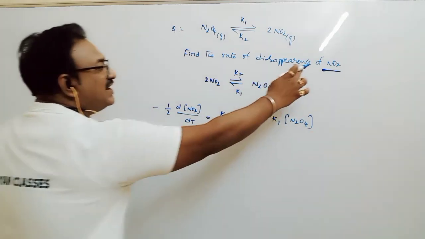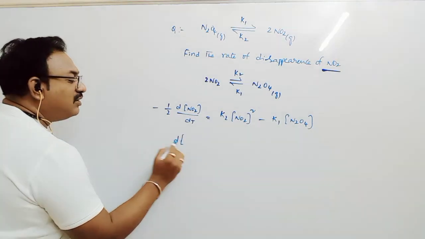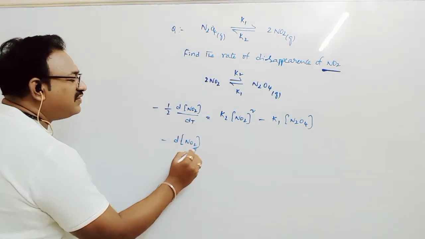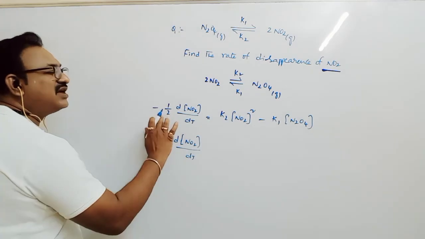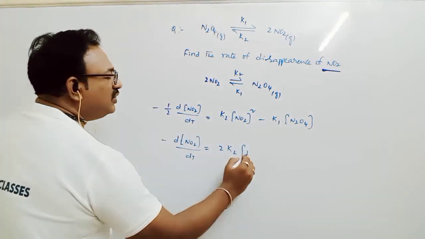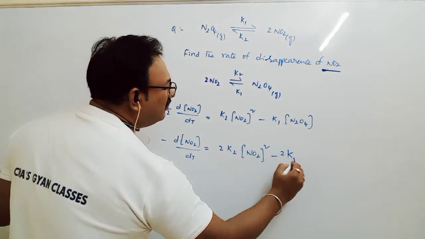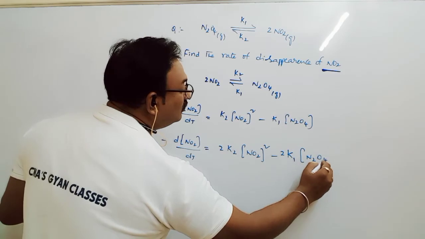But he is asking rate of disappearance of NO2, that is minus d concentration of NO2 by dt. Then this half comes to this side. That equals 2 into K2 into NO2 power 2 minus 2K1 into concentration of N2O4.